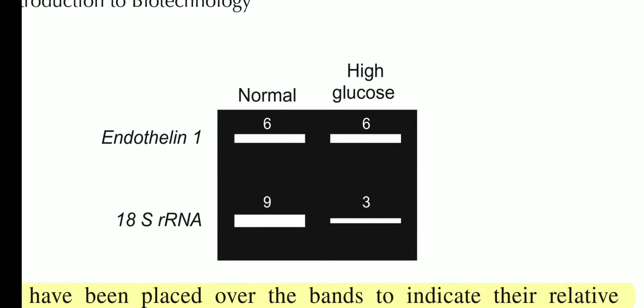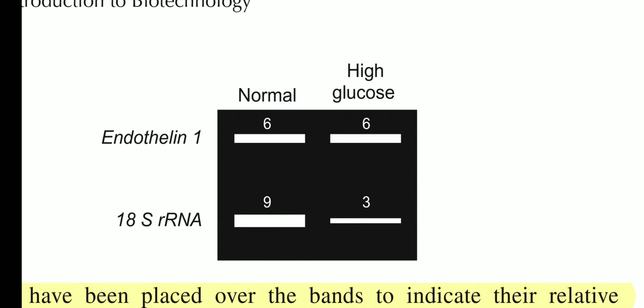As it's showing, the amount of 18S rRNA is high in this normal sample. That means we have made some error while pipetting the number of cells from this sample. To balance this, we can multiply by 3 in the high glucose sample or divide by 3 in the normal sample for that 18S rRNA.